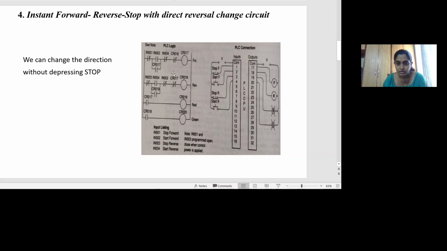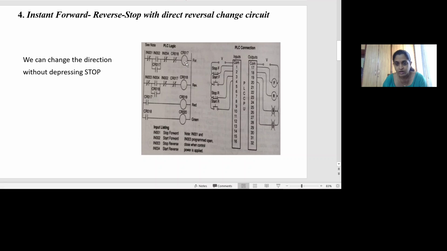We call it a seal because it provides an alternate path even when IN002 and IN004 are de-energized. In that case, these two contacts will provide an alternate path. Hence, CR17 and CR18 contacts are used as seal contacts.